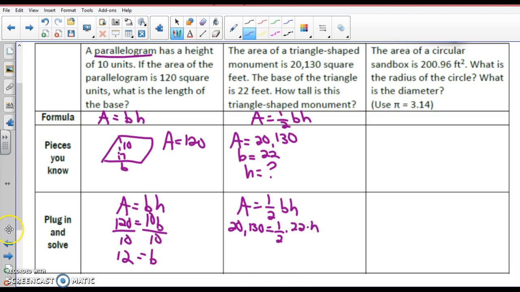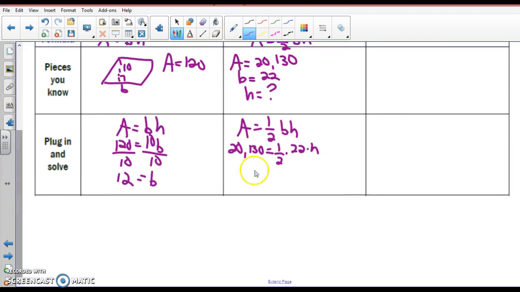We don't know the height. So let's solve this algebraically. 1/2 times 22 is 11H. And then I'm going to divide both sides by 11. 20,130 divided by 11 is, the height is 1,830.